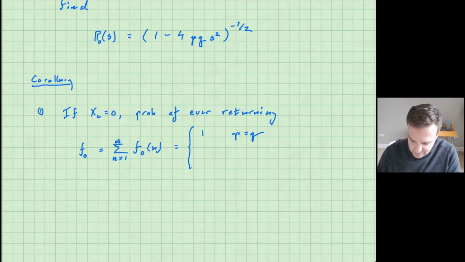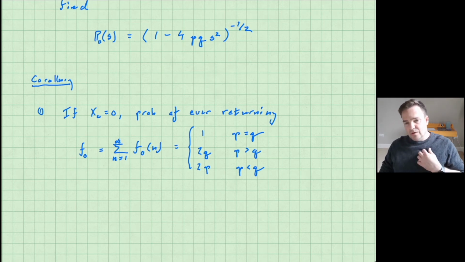But if there's some bias, if P is greater than Q, which means it's more likely to advance to the right, say, then this is 2Q. And if P is less than Q, then it's 2P.